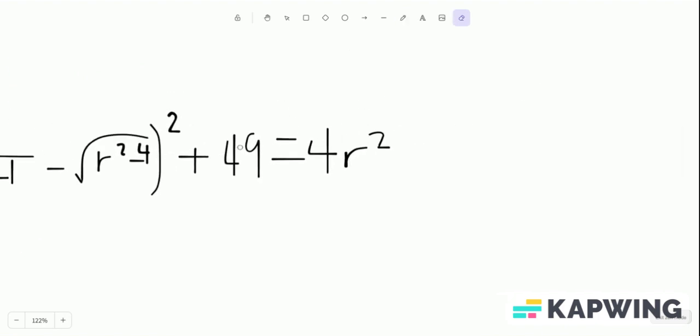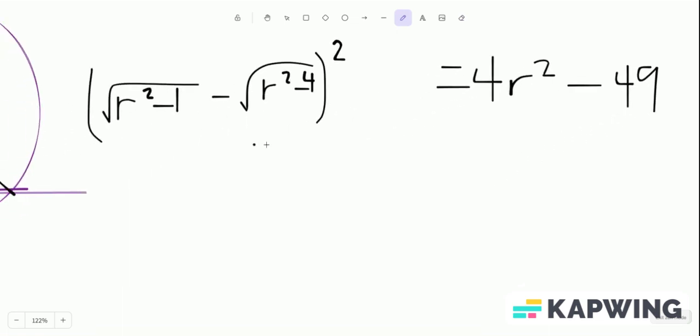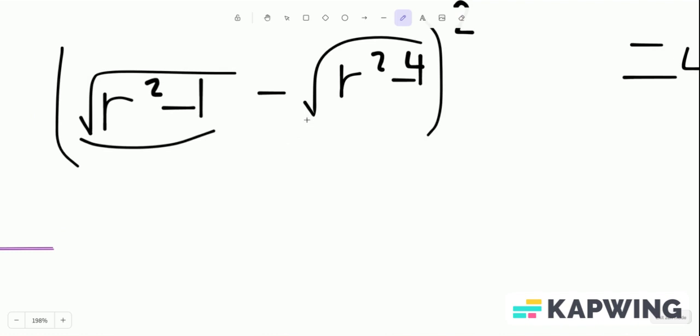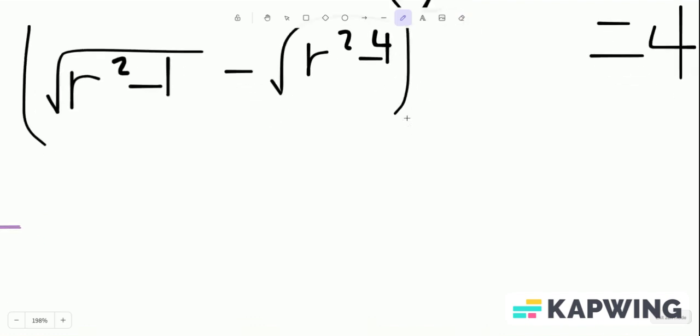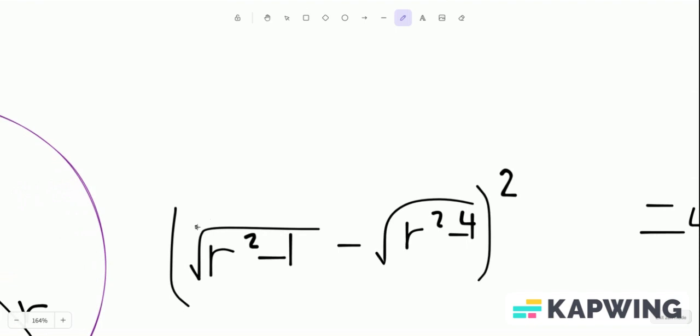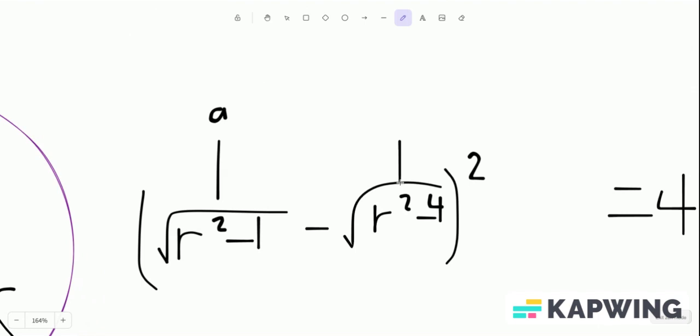Okay, so I'll show you how to simplify this. First of all, take 49 over to this side, then once you square this, we're going to have the sum of the squares of these two minus 2ab. So in fact, let's label this a and this b.